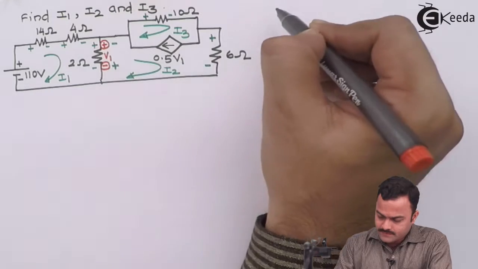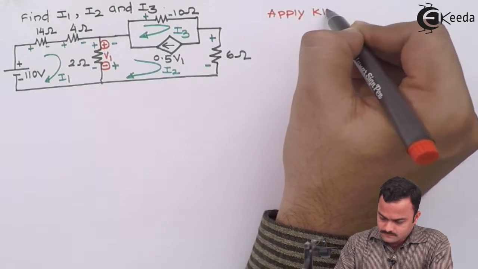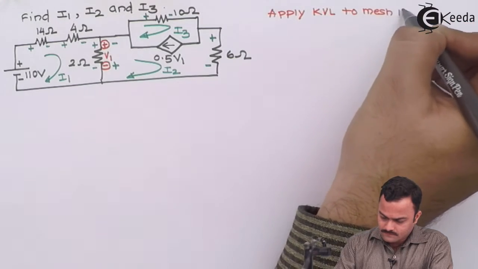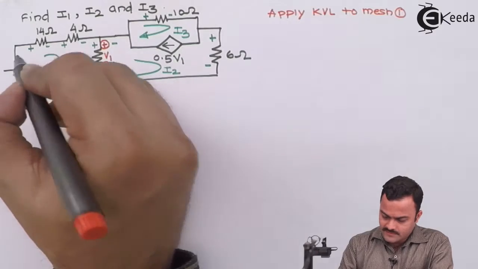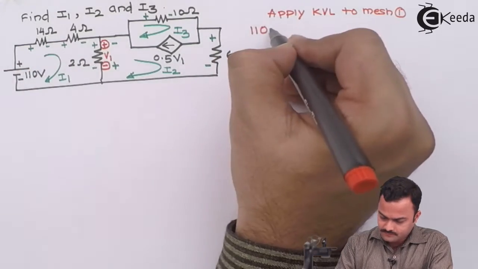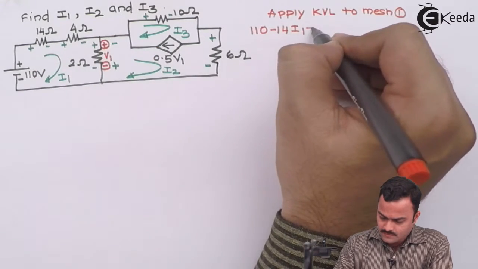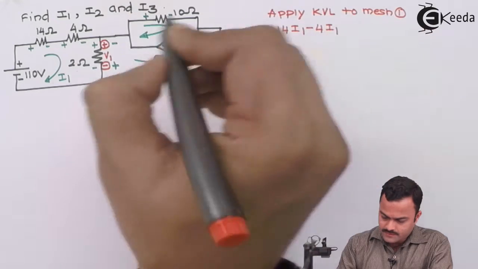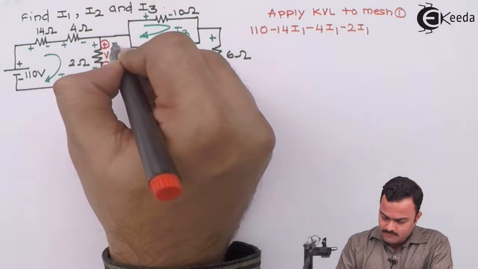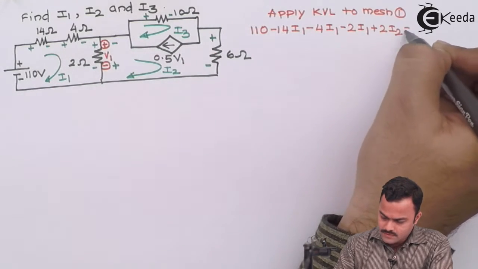Let's apply KVL to mesh 1. Let's start from the voltage source, minus plus. So plus 110, plus minus 14 I1, plus minus 4 I1, plus minus 2 I1, minus plus 2 I2 equal to 0.